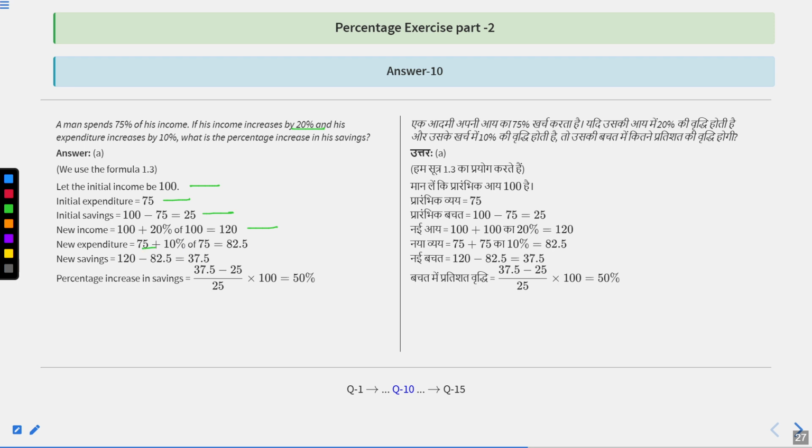So 75 plus 10% of 75, which is 82.5. Now new saving will be 120 minus 82.5, which is 37.5. Now the percentage increase in saving is 37.5 minus 25, because our initial saving is 25, upon 25 multiplied by 100, which is 50%. So option A is correct.